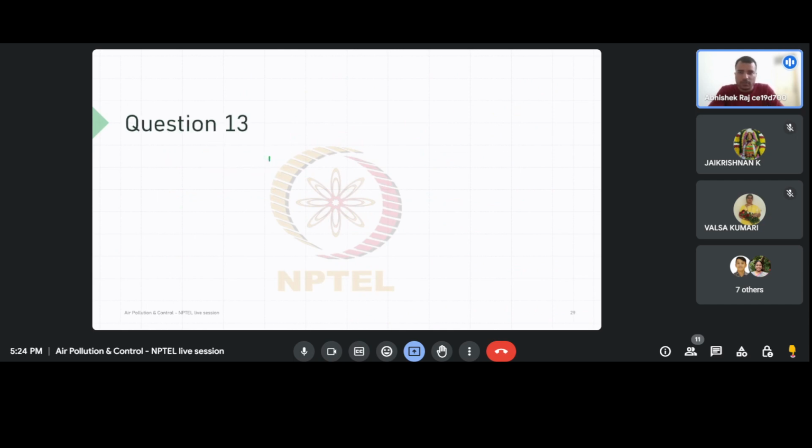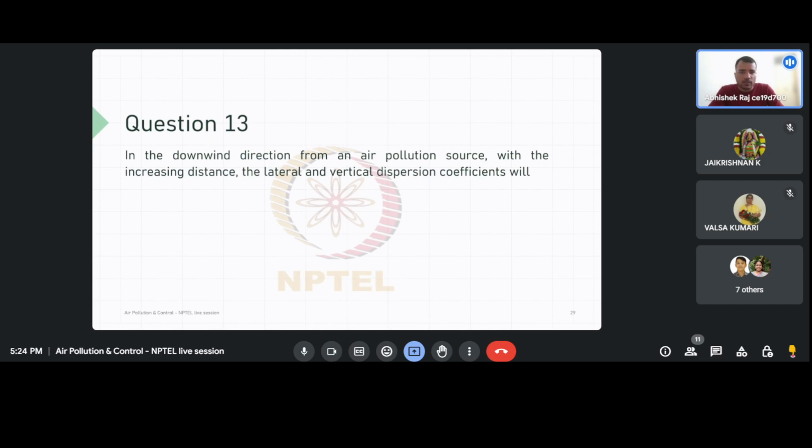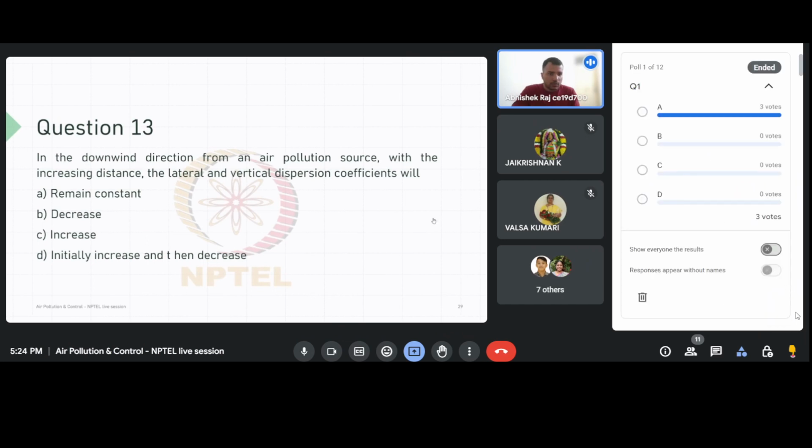Moving to question 13. In the downward direction from an air pollution source, with increasing distance, the lateral and vertical dispersion coefficients will remain constant, decrease, increase, or initially increase and then decrease. Drop the poll.